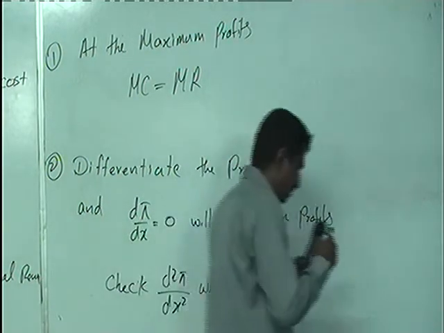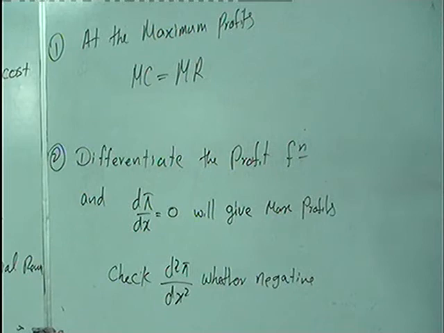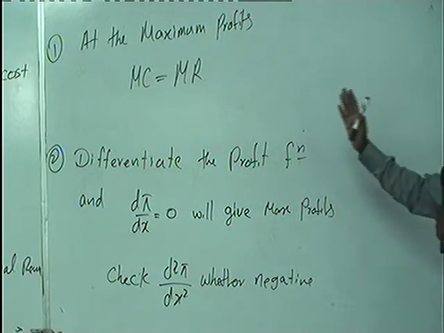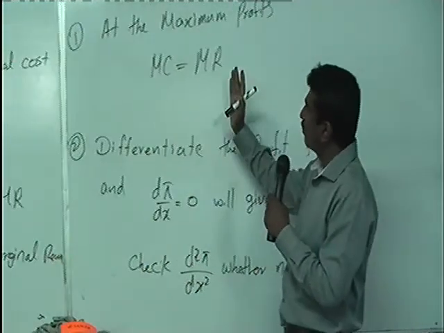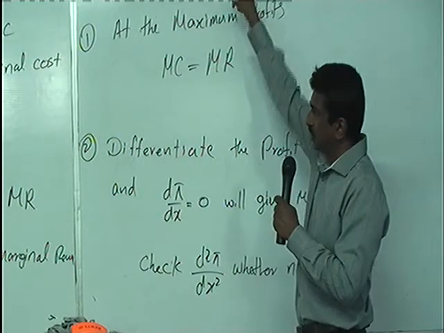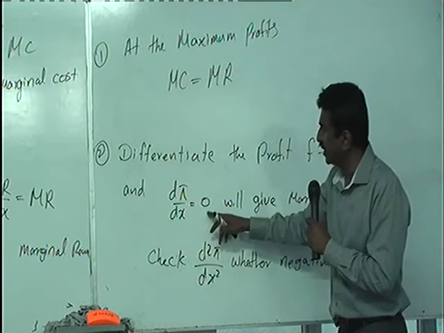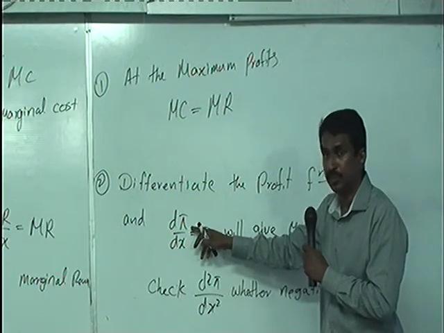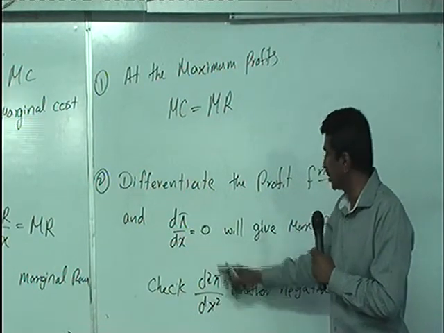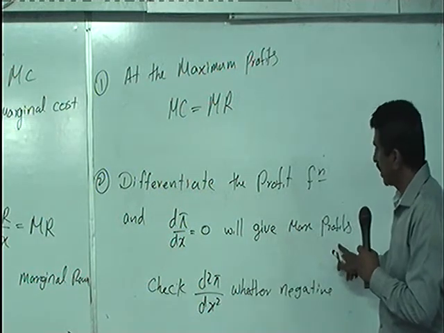So two approaches are here. One is marginal cost equal to marginal revenue: when marginal cost is equal to marginal revenue, profit is maximized. The second one, differentiate the profit function, d phi by dx equals 0. Phi is the profit function. Differentiate the profit function, then it will give the maximum point.